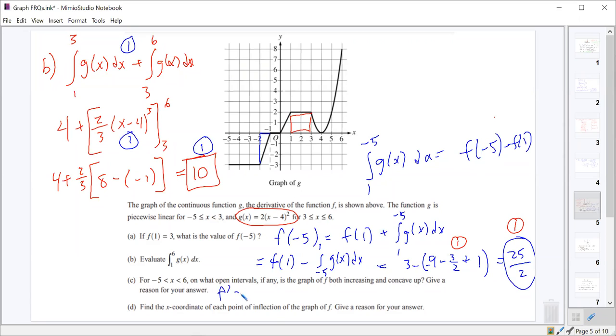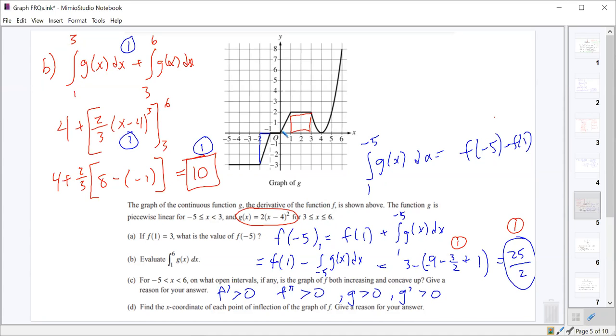So we want f prime to be greater than 0, and we want to be concave up, f double prime to be greater than 0. Well, g is the derivative of f, so first off, if f prime is positive, then that means g is positive. And if f double prime is positive, that means that g prime is also positive.